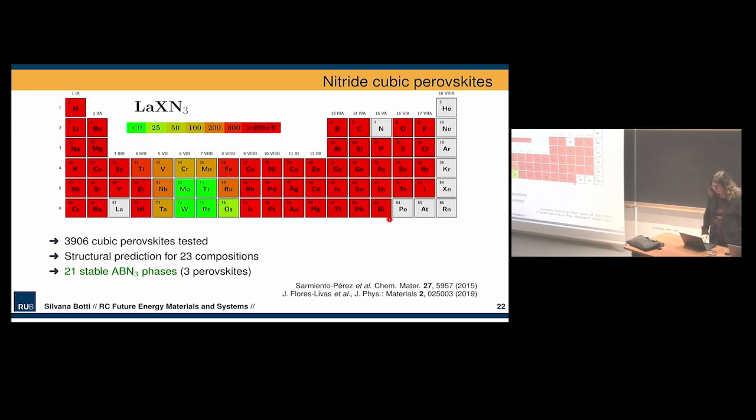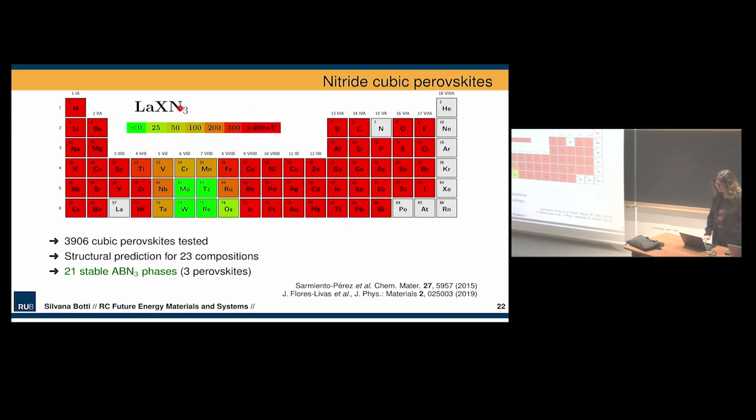And then here, this is milli-electron volts per atom. So this is also a mistake, I think, in the paper. This is a periodic table now for fixing lanthanum in the position A. And then we have X that goes through the whole periodic table. With this color, you see what would be a stable compound and what not.